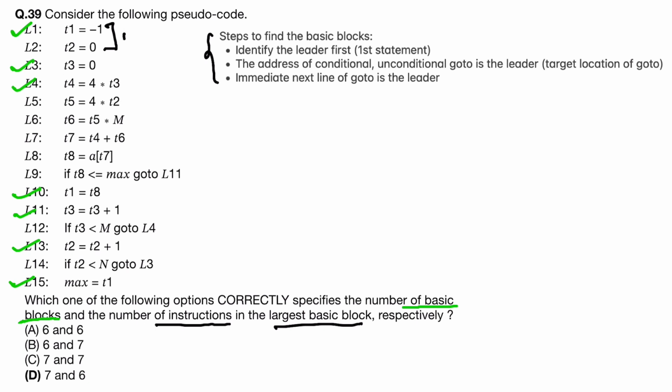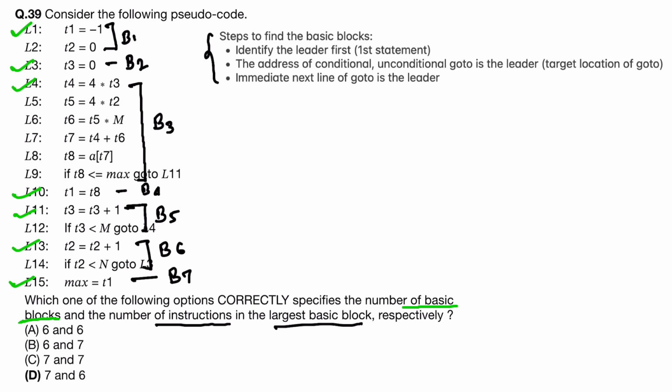So this is block 1, this is block 2, from here to 9 is block 3, block 4, block 5, block 6, block 7. Okay, so there are a total of 7 basic blocks.